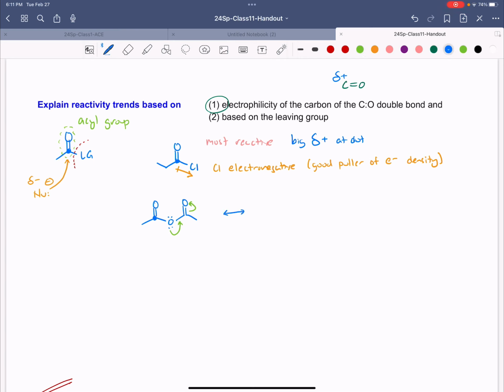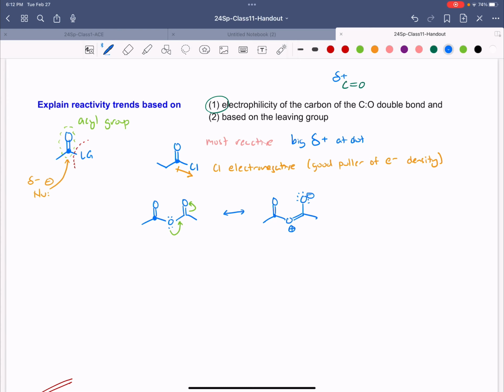Look what happens. Form a double bond here, O minus, and we have this plus. What this tells me is that we have to draw the other resonance as well.